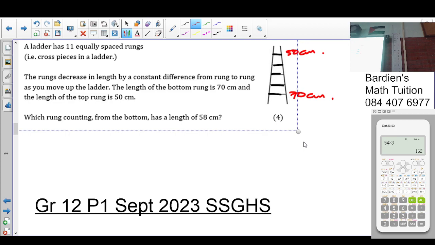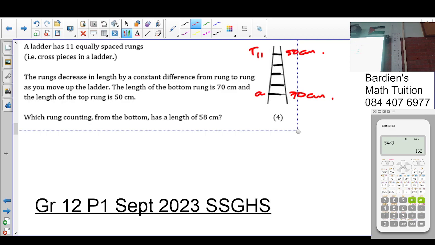Okay. So firstly, I must get a general term here. If there are 11 rungs and we make this a, then that is going to be 11.